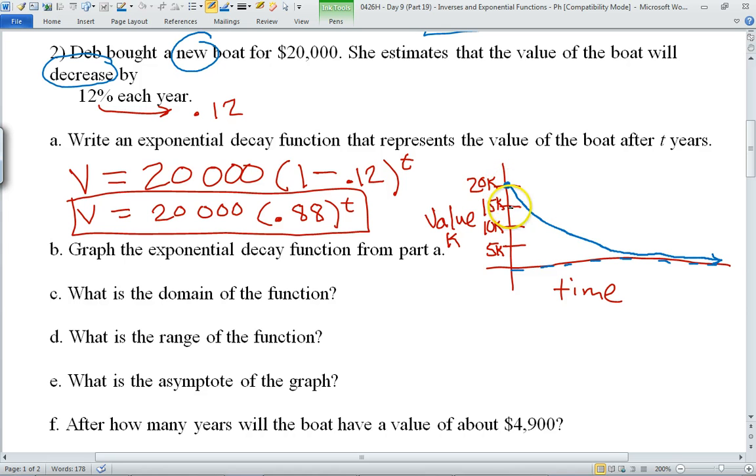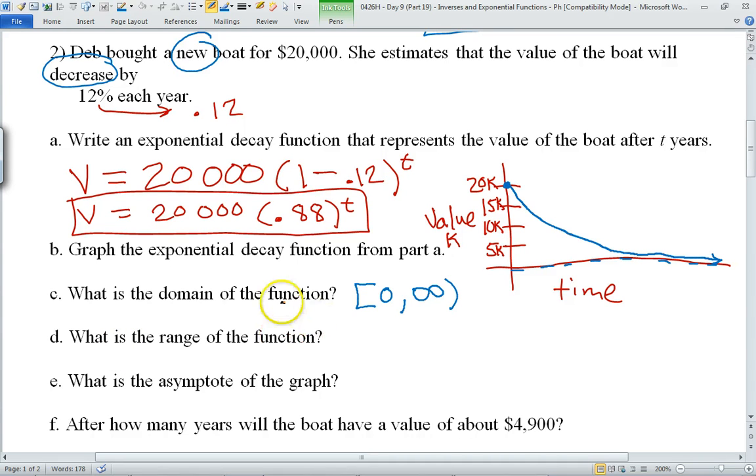So this is going to start from 0 for this particular function and go forward. So the domain of this function is going to be 0 to infinity. If this were just a pure equation and not representing the value of a boat, then this would continue to the left and we'd have a negative infinity over here.